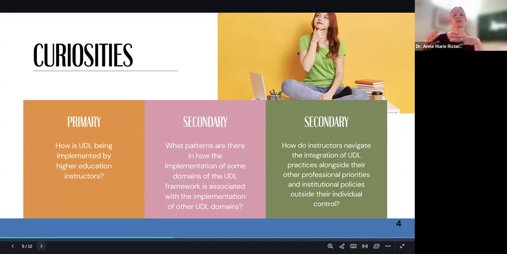So we wanted to look at the relationship. We wanted to look at the principles and instead of looking at them as columns, look at them as interwoven and how they overlap and how they interact with students in higher education.